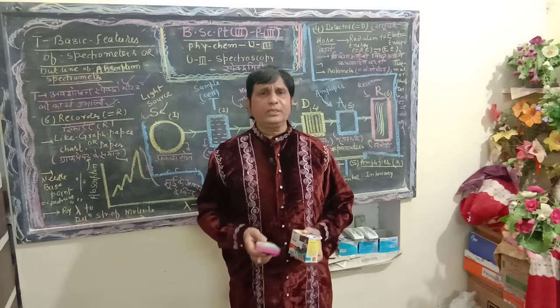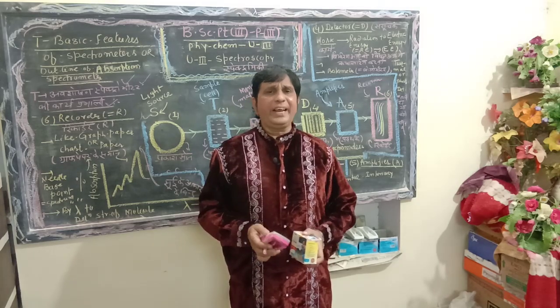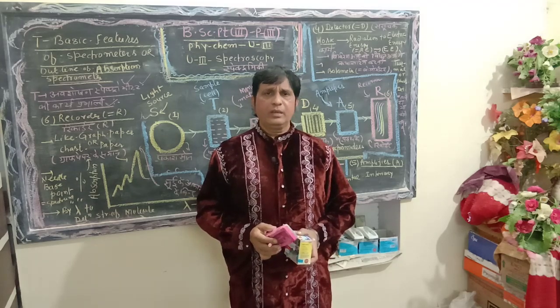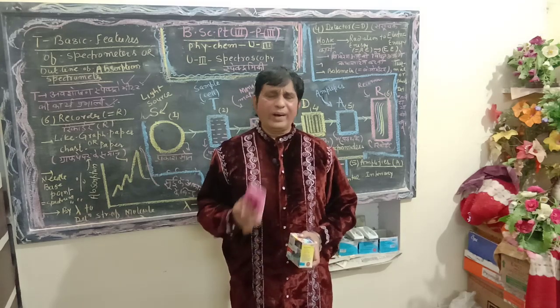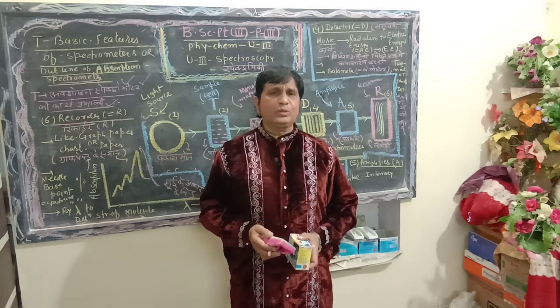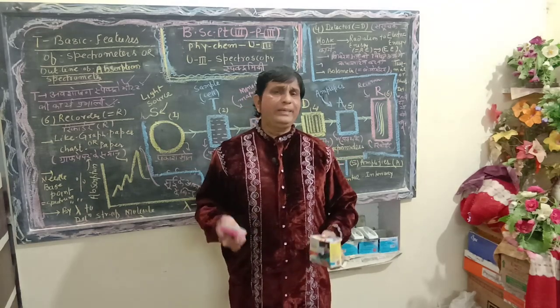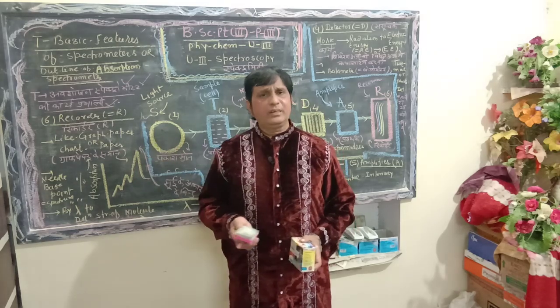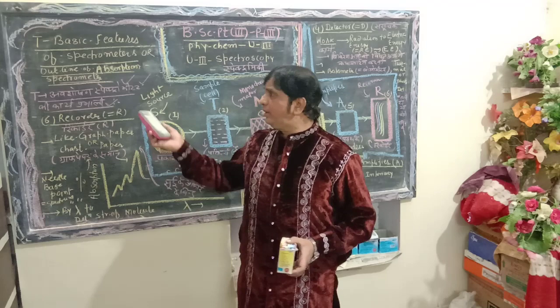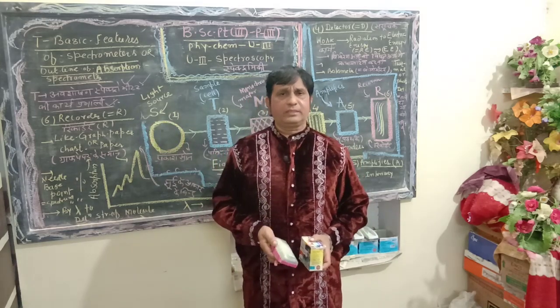In such a position, unwanted, undesired radiation will be absorbed by the prism, and desired radiation will be allowed to pass onto the photographic plate. I mean to say, spectrometer is the instrument which is used to record the intensity of single colors.